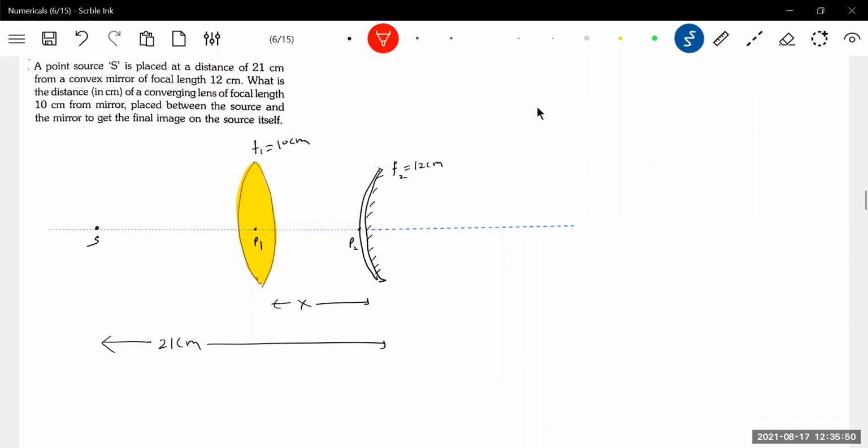On the right side. This will be focal length. This will be center of curvature. This will be focus. So what is the basic necessity condition? After refraction, if the rays get reflected, they retrace the path. I think this is one basic necessity condition.